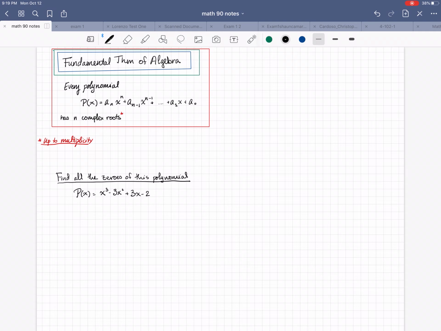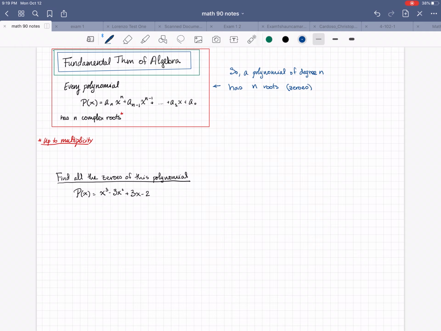So what this means, if we set it in layman's terms, is that a polynomial of degree n has n roots or zeros, depending on which of those words you prefer.